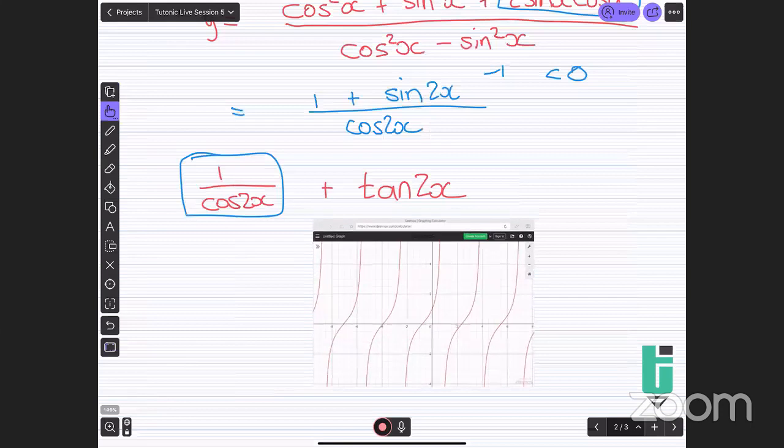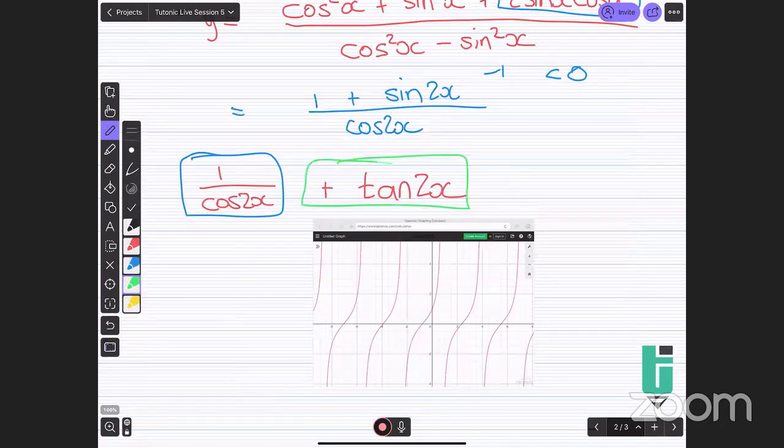I suppose what one could say is that tan 2x definitely has an asymptote at 45. Do you guys agree? Because isn't tan 90 undefined? Yes. So you could predict that the graph would have a tangent at that.